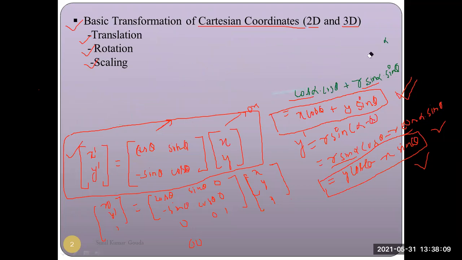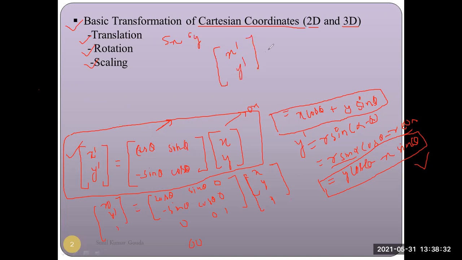So what does scaling say? Suppose I say the scaling factors are sx and sy, and after scaling is performed, my new coordinates are x dash and y dash. What will be this transformation matrix? Suppose this is my original coordinate, x and y.